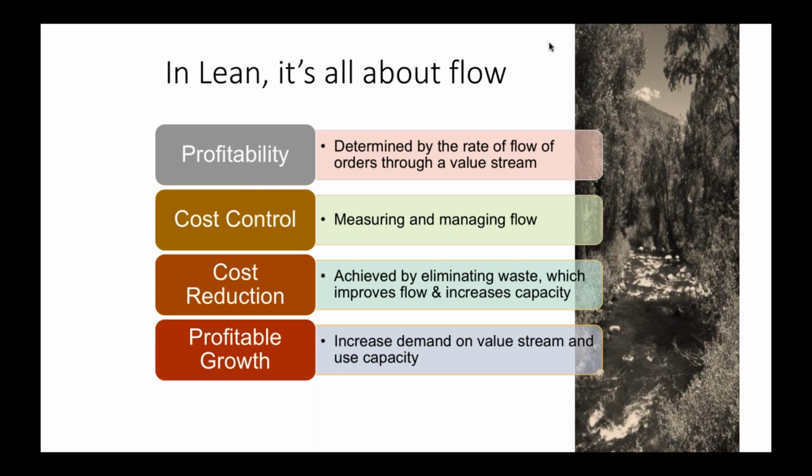So a traditional management accounting system really doesn't give us the information to understand profitability by value stream, to understand how to measure and manage flow, or to understand how to achieve profitable growth.